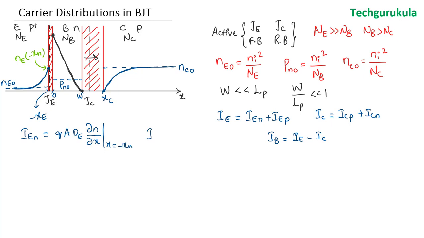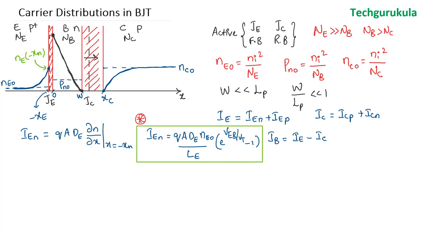So this equation IEN can be shown as QA DE times N_E0 over LE, that is the diffusion length of electrons in emitter, times e^(VEB/VT) minus 1. This is one equation.